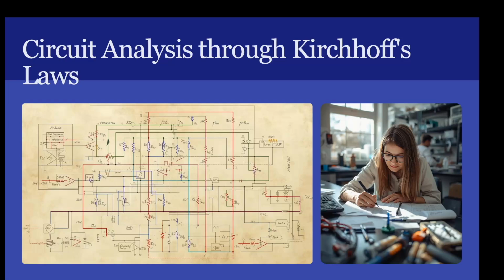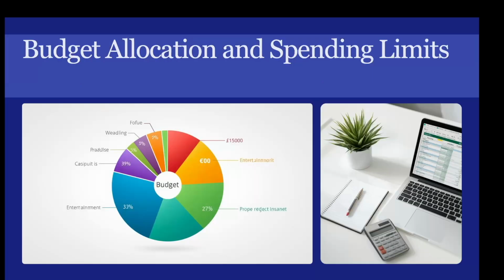Here's the circuit, and this is basically a real-life application of linear systems. Next we have budget allocation and spending limits. Budget allocation and spending limits can also be related to each other, and there's a relationship between them.